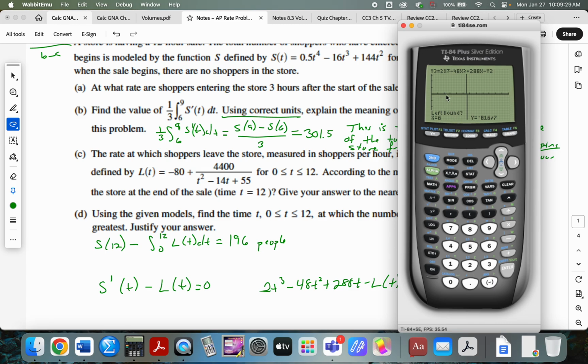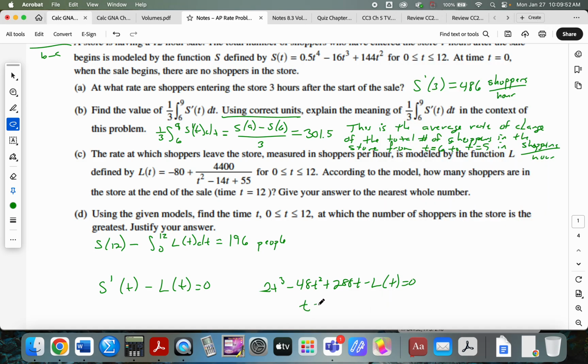It's somewhere between 1, 2, 3, 4, 5, and 6. 5.63. When you're within 1/10, you did pretty well. So 5.545. Was it 545? Okay.